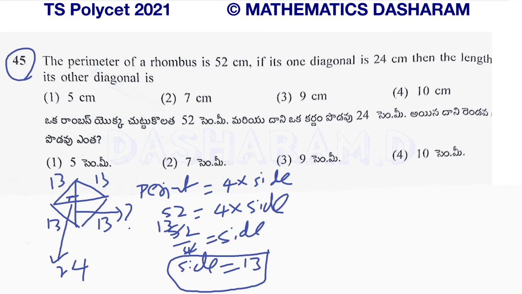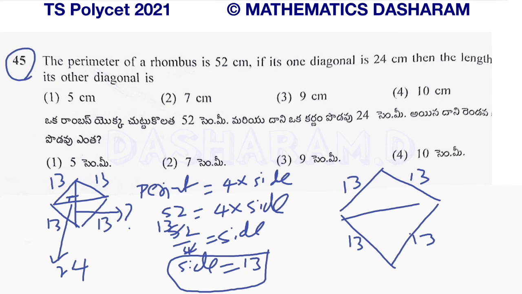I am drawing the diagram again here, with sides 13, and one diagonal and another diagonal. The diagonals bisect each other at 90 degrees. Bisect each other means these two sides are equal, and these two sides are equal. Now 24 is given as one diagonal length, so this is 12 and this is also 12.